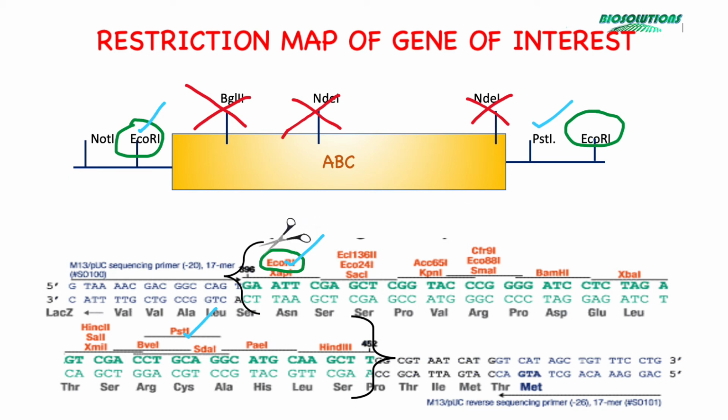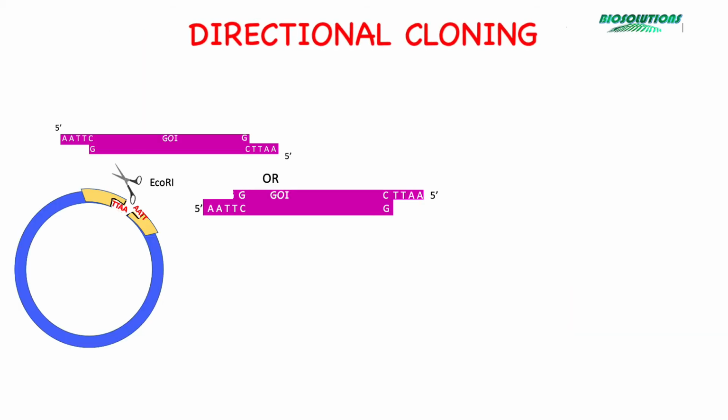Now a question arises, why do we need to choose two restriction enzyme sites if using one can do the job? If we perform double digestion for both the GOI and the vector, it's called directional cloning. This is the most popular strategy, as if we use only one enzyme to cut both ends of the GOI, it can insert itself into the vector in either of the two orientations shown here.